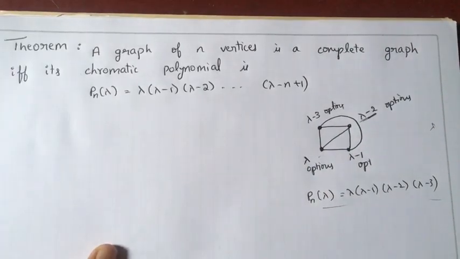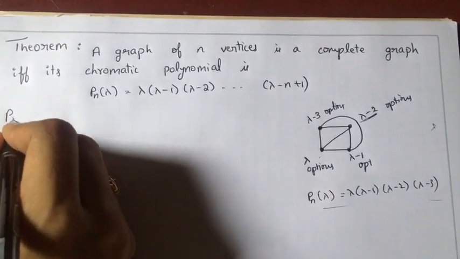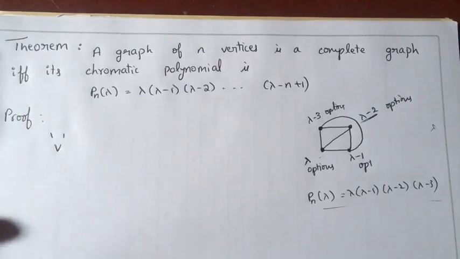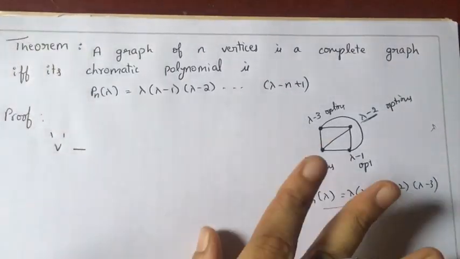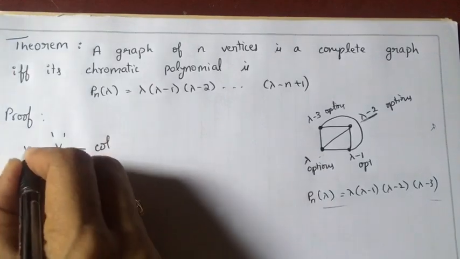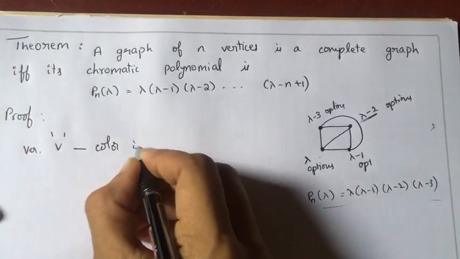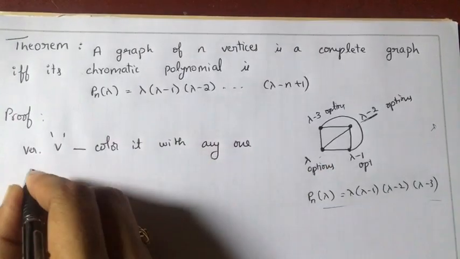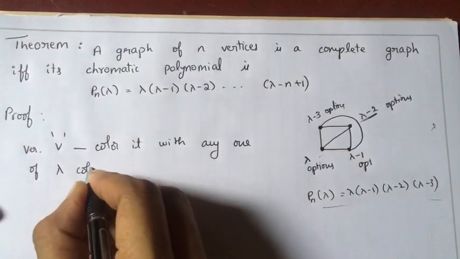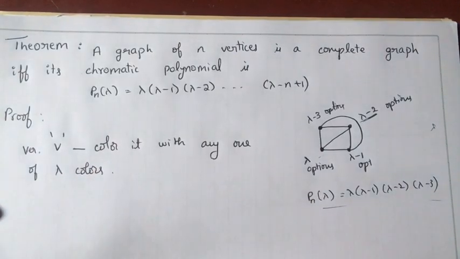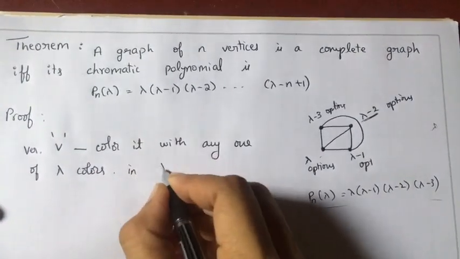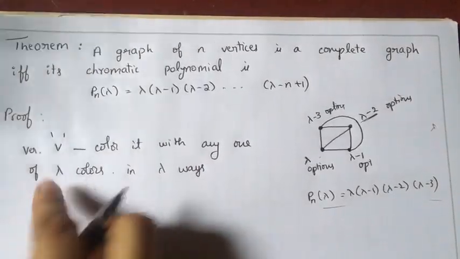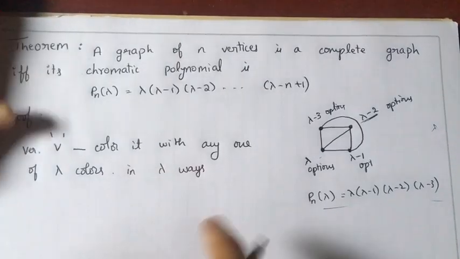Now what I have to do is choose a vertex V and color it with any one of lambda colors. In how many ways can I do it? I can do it in lambda ways, which means giving one color, second color, third color, like that. So there are lambda options.